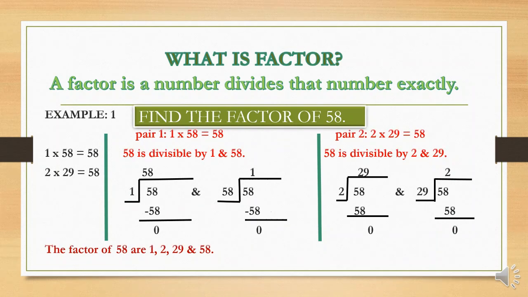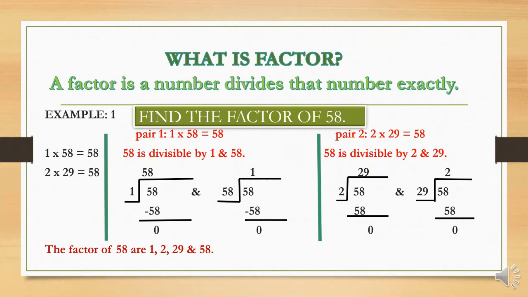Example 1. Let us find the factors of 58. Divide 58 by 1 to get 58 as a factor and the remainder is 0. Now divide 58 by 58 to get 1 as a factor and the remainder is 0.